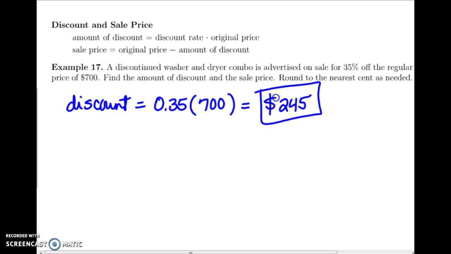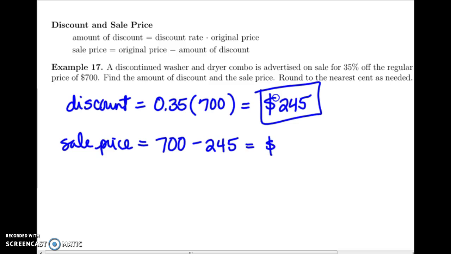So that's what we don't have to pay. So that means that our sale price is 700 minus 245, which, if memory serves, would be $455, which is pretty good for a washer and dryer combo.